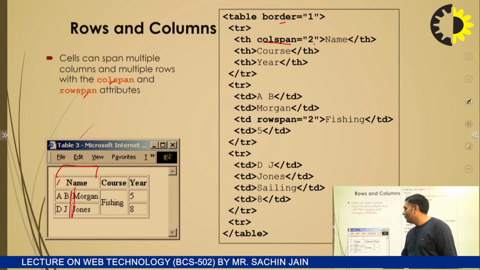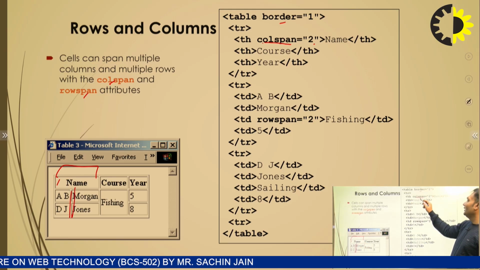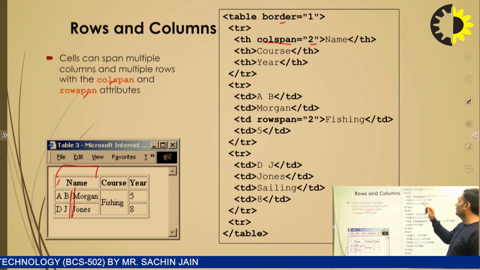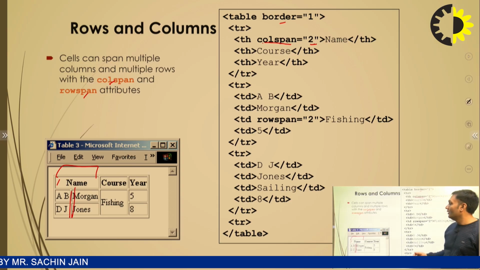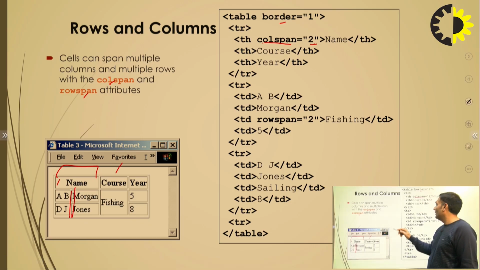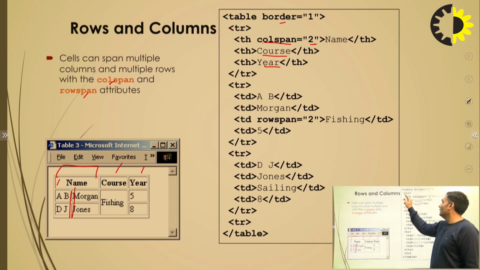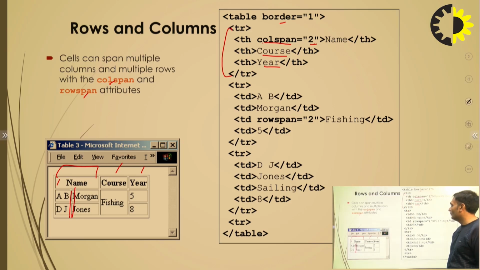These two columns will be merged into a single one, that is colspan 2. If we want to merge two columns, then we will write colspan 2. Now the next table header is course, the next table header is year. In this way this table row gets closed.